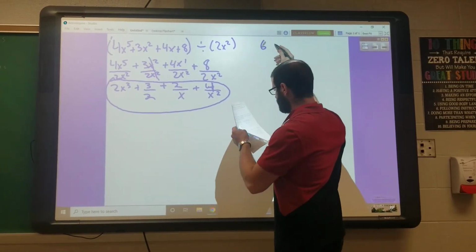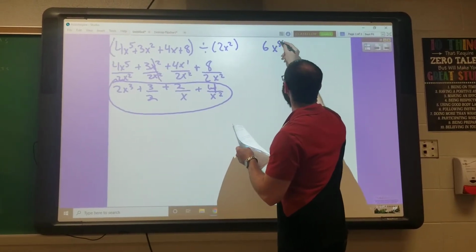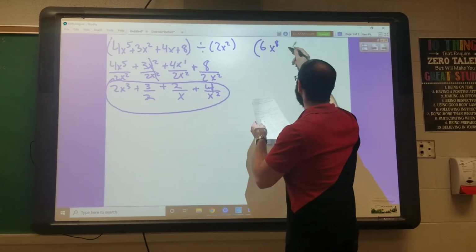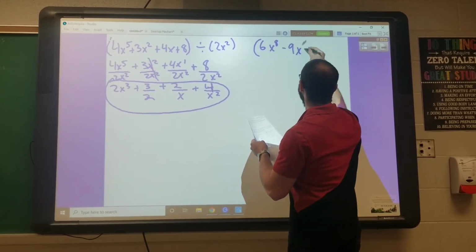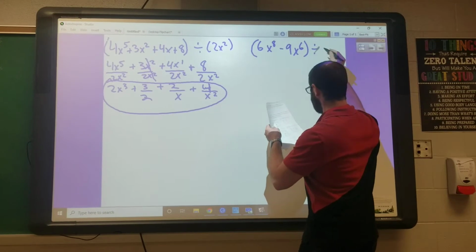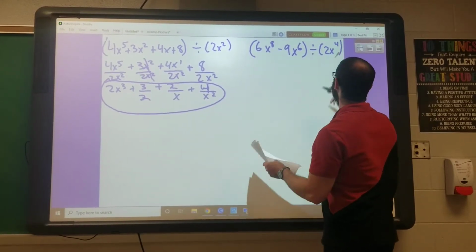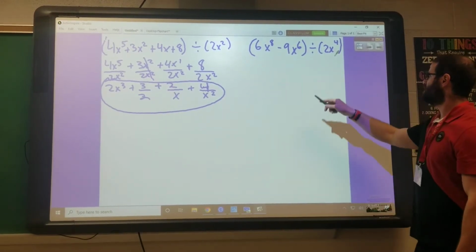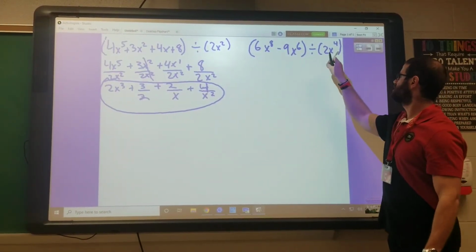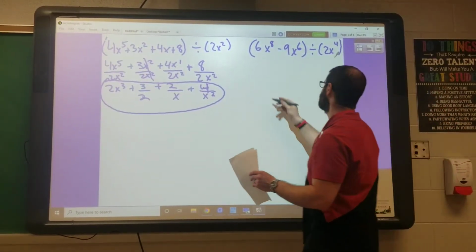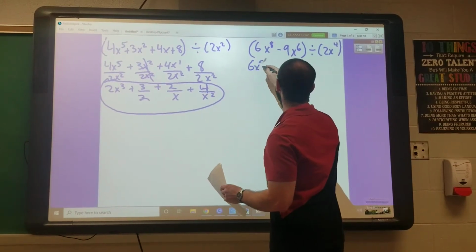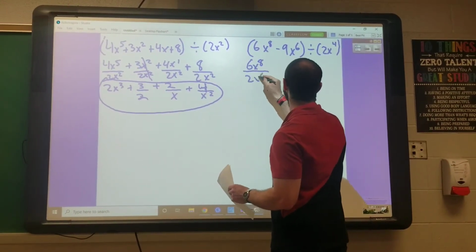We got 6x to the 8th minus 9x to the 6th, okay, divided by 2x to the 4th power. Remember, I'm taking each one of these terms, dividing by 2x to the 4th. So I'm going to have 6x to the 8th over 2x to the 4th.